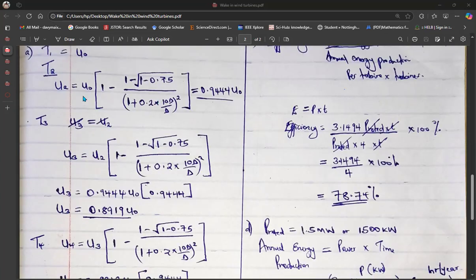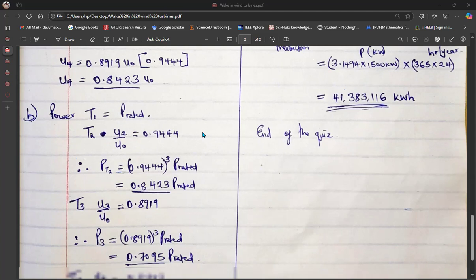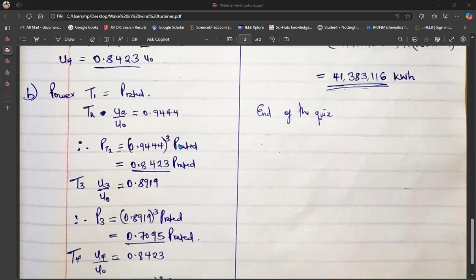So we just need to divide by U0 on this side and on this side. So on one side, you will just get U2 over U0 equal to 0.9444. And now when we come to the power, we just need to cube that, raise it to power 3, and multiply by P rated. So that is where we are getting 0.8423 P rated.